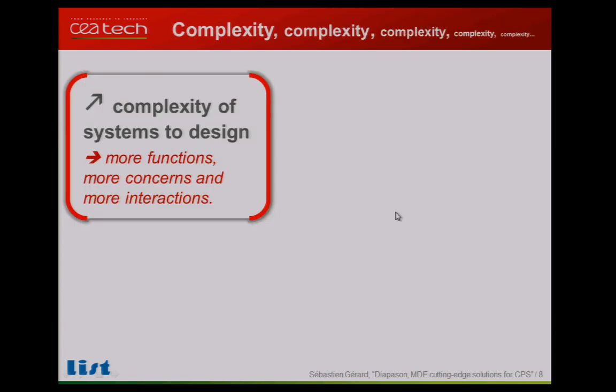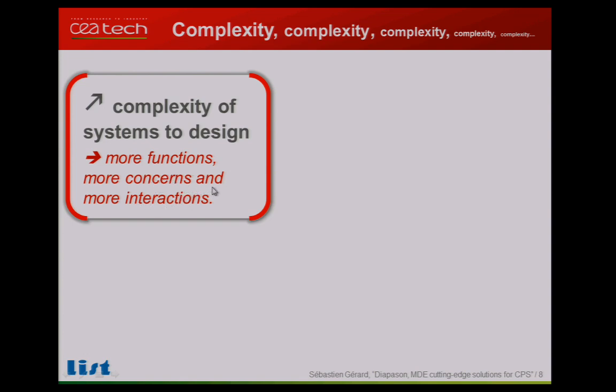So there are indeed two dimensions of the complexity we want to deal with. The first one is the increase of the complexity of the systems to design themselves. So the systems need to provide more functions, to provide more added value to the users. They also need to take into account more concerns, with more functions to deliver.